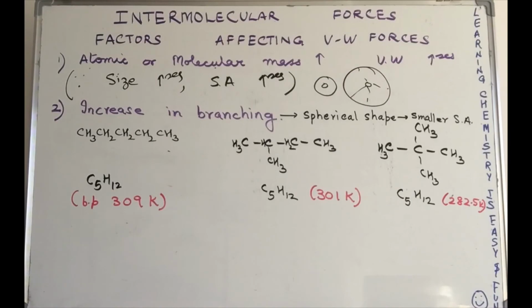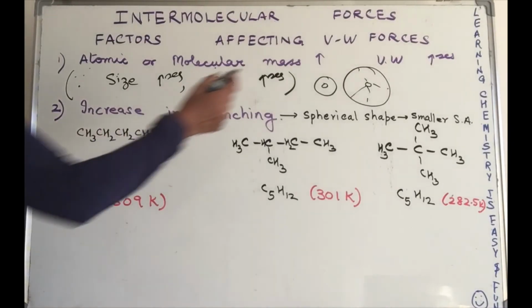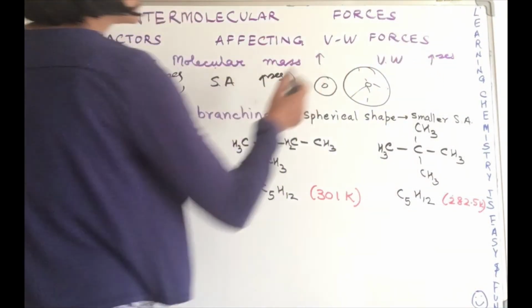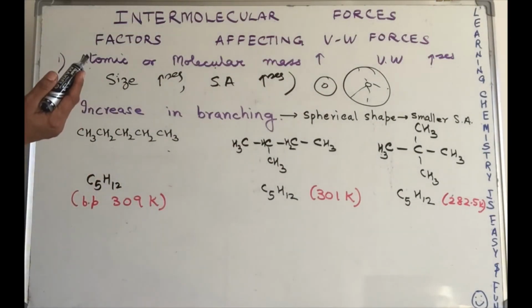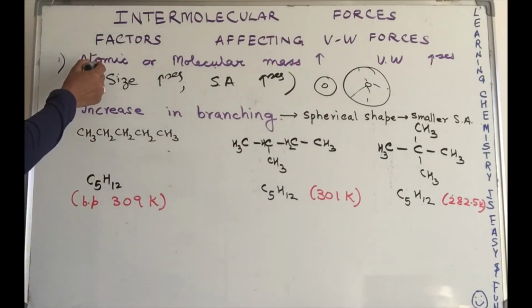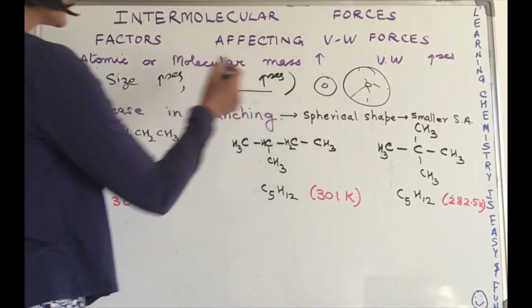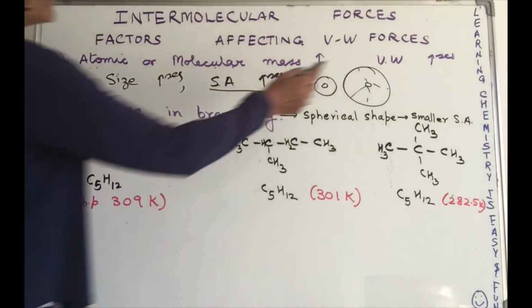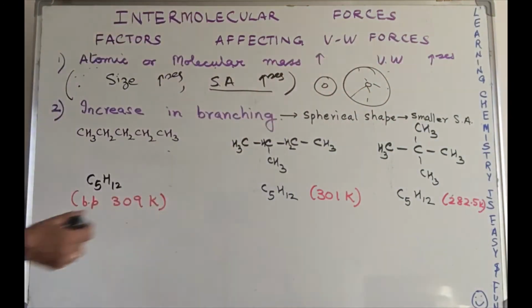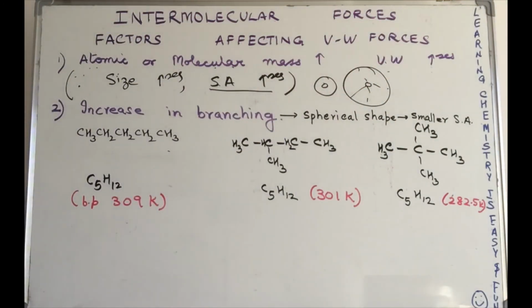When the dispersion of this charge is more, the Van der Waals forces will also increase. My arrow up means an increase. So with increase in atomic or molecular mass, because there is an increase in surface area, the Van der Waals forces also increase. They will be spread over a larger area and they will be able to affect to a greater strength.